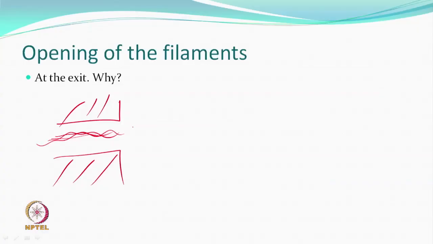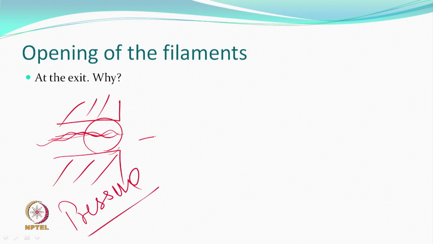Why would it happen outside? Here there is more pressure. As it comes out, what happens? Pressure will decrease or increase? As the compressed air is coming through a nozzle out into the open, the pressure would decrease or not? Yes, the pressure would decrease.